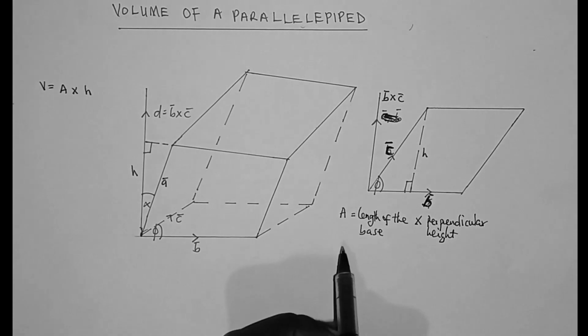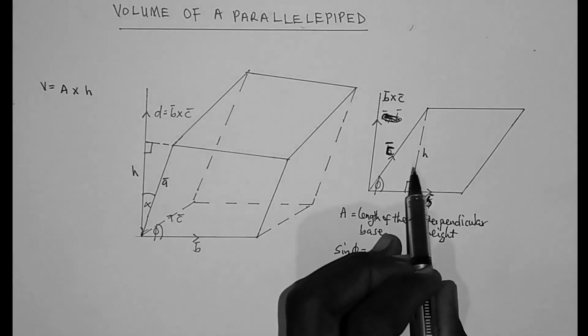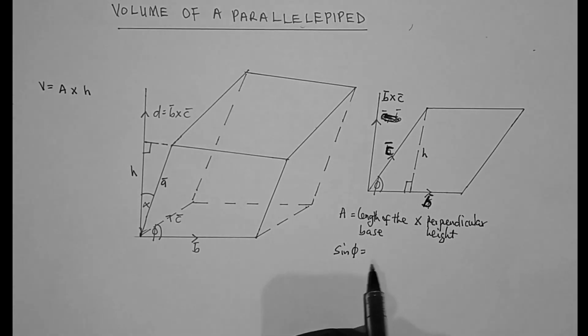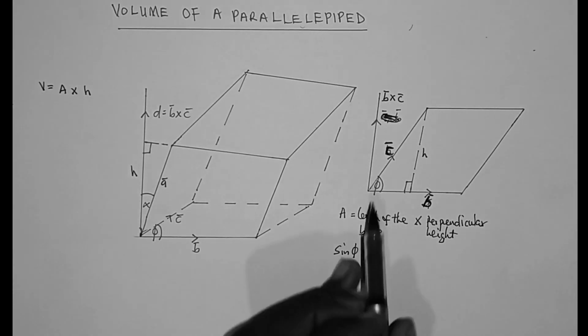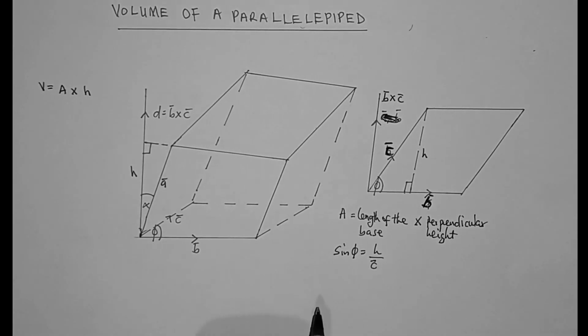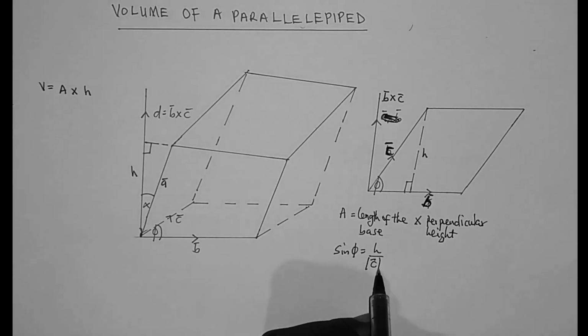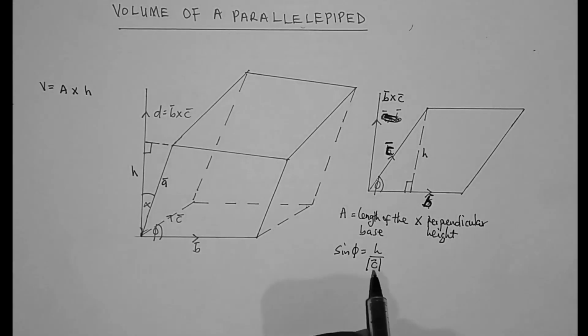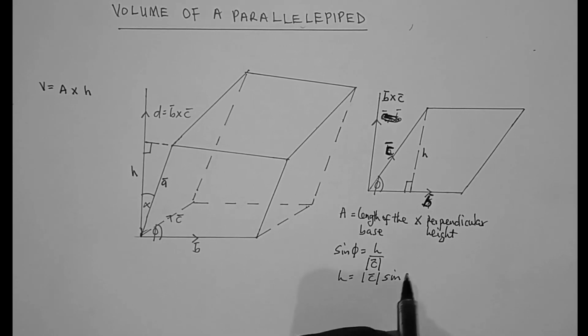But you can see that sine phi is equal to the opposite. Using SOHCAHTOA, sine is opposite over hypotenuse. So the opposite is h over hypotenuse, which is the magnitude of vector C. So in this case, h is equal to the magnitude of vector C sine phi.